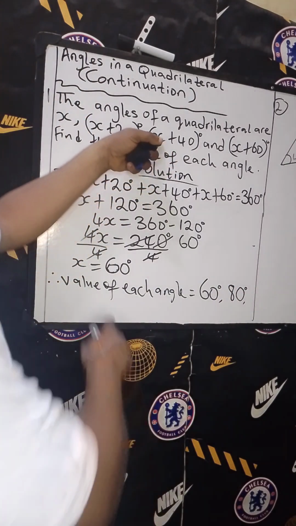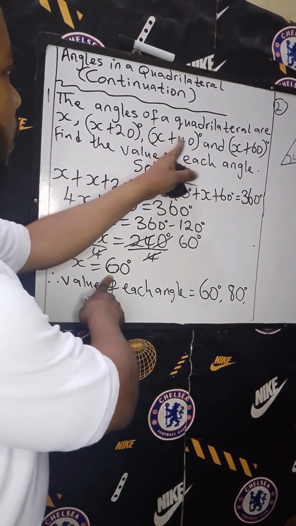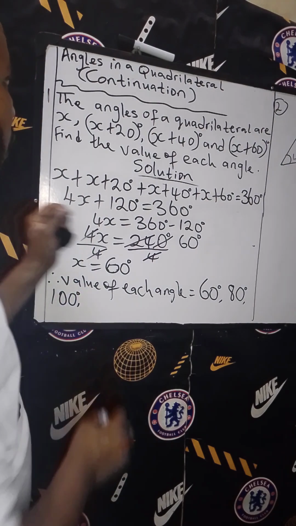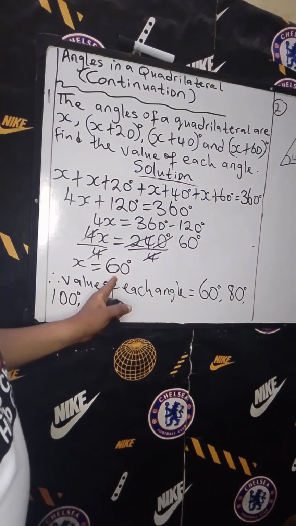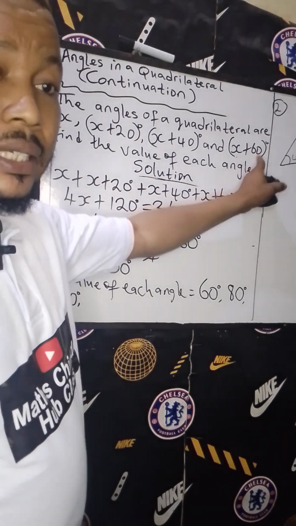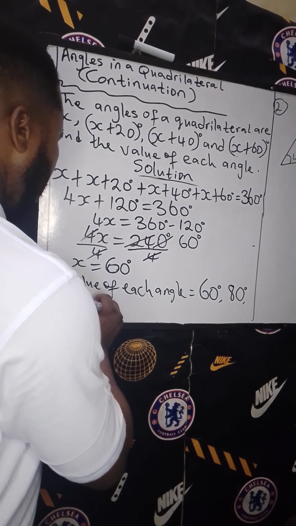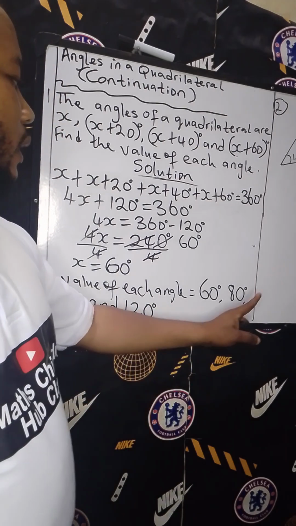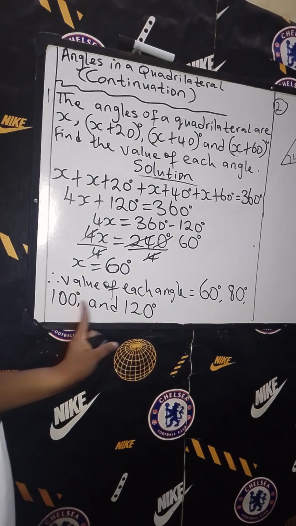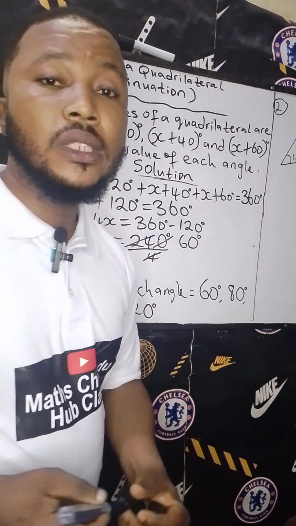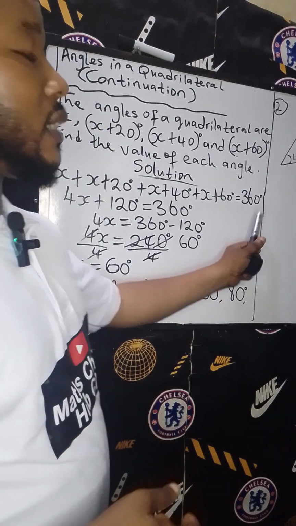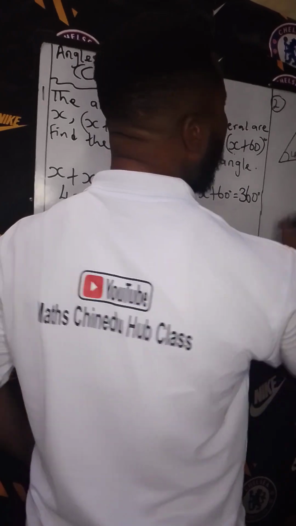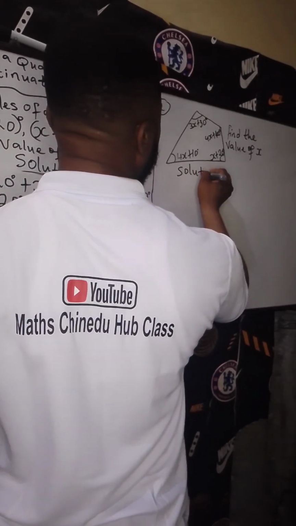The same thing here, our x is 60. 60 plus 40 gives us 100 degrees. Okay, x, which is still 60, plus 60 gives us 120 degrees. So by the time we add 60 plus 80 plus 100 plus 120 degrees, we still get 360 degrees.